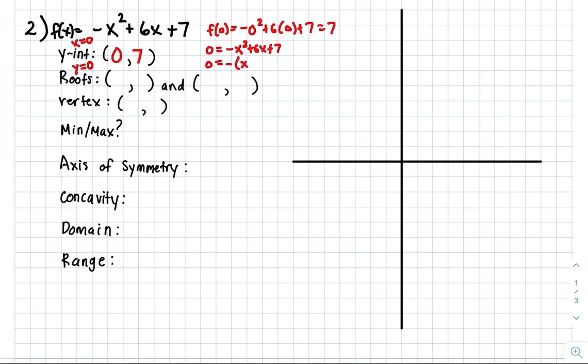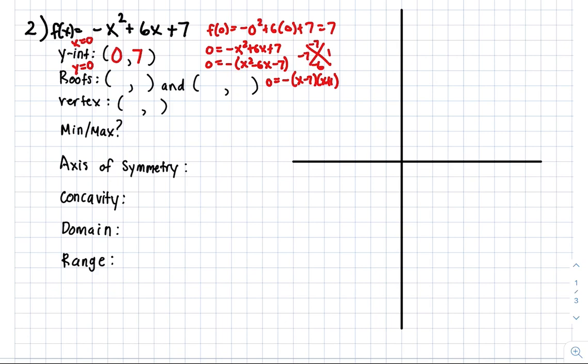So we're going to have x squared minus 6x minus 7, factored out a negative 1. So now, factoring: two things that multiply to negative 7 but add together to give you negative 6. That's negative 7 and 1. So 0 is going to equal negative x minus 7 and x plus 1.